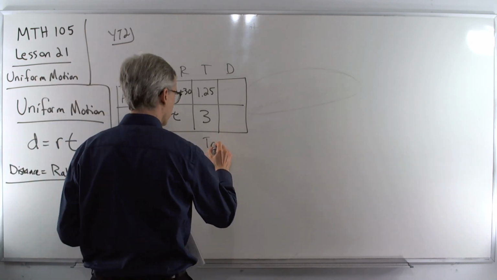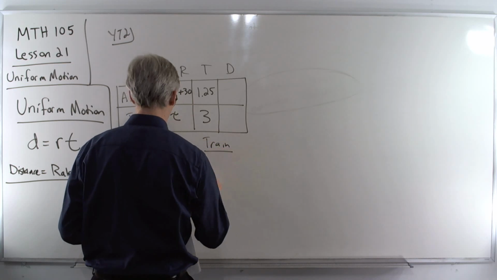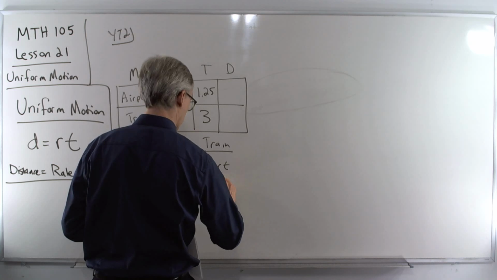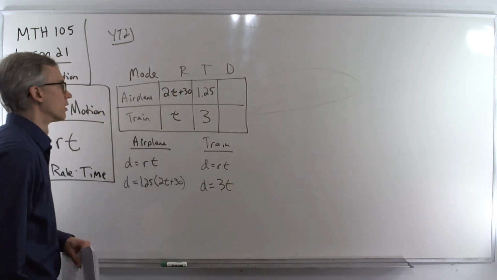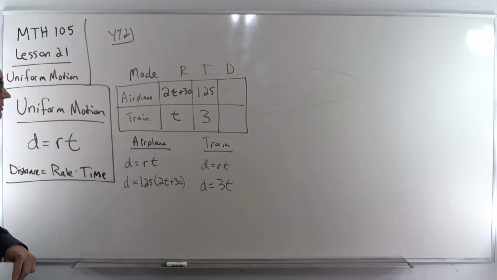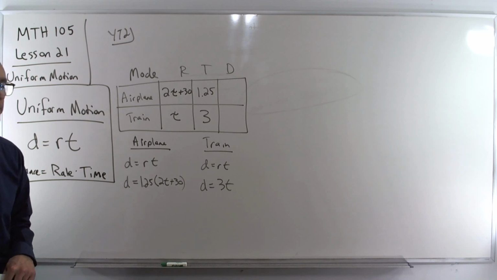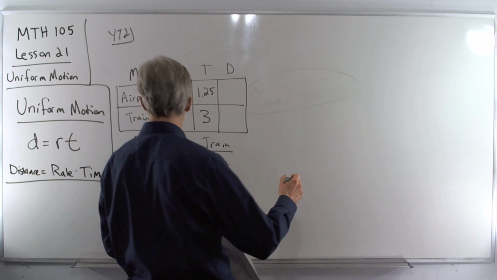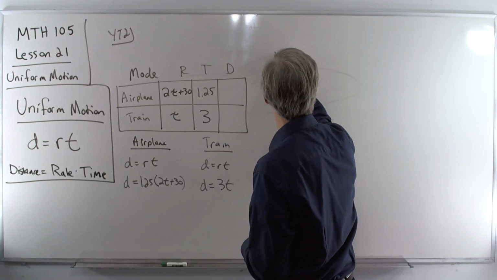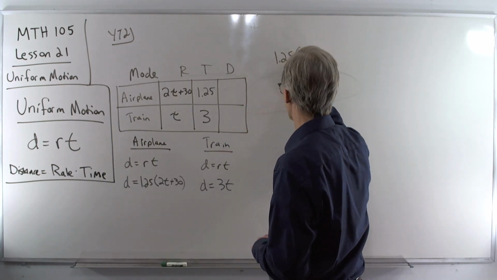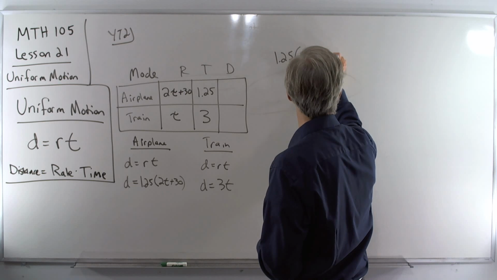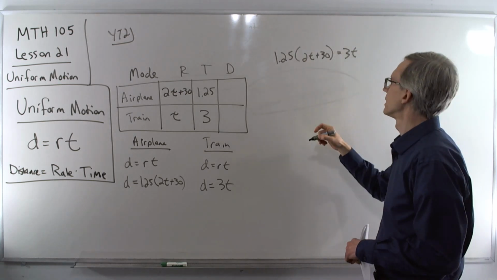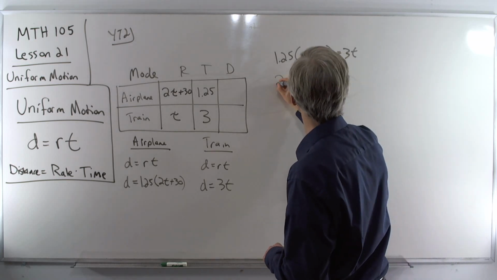And for the train, distance is rate times time, 3t. So the distances are equal, so we'll set these two things equal to each other and solve. I'm going to start by distributing here on the left.